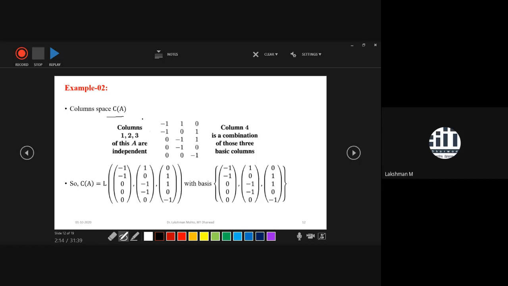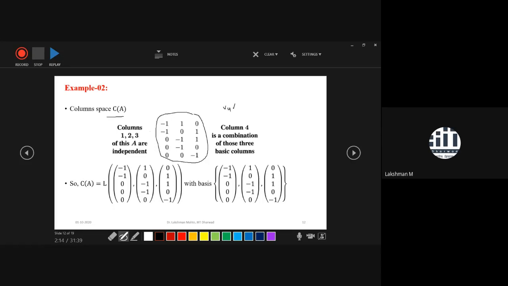If you try to observe that, again go through that listing process of the columns of the given matrix. You will come across that there are 4 columns. The first 3 columns are linearly independent, while the fourth column is a combination of the first 3 columns. So the fourth column V4 is redundant.